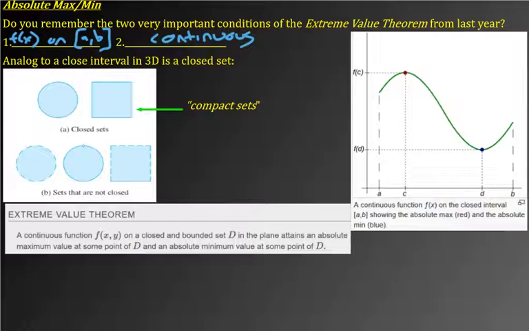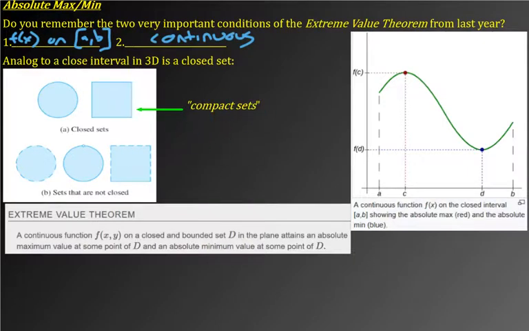And like a lot of things in Calc 3, basically we're just going to build on that notion, bump everything up a dimension. So what we need to work with are what we call closed sets. Really, they're called compact sets. This is a term from the area of math that I used to study a ton, called topology.